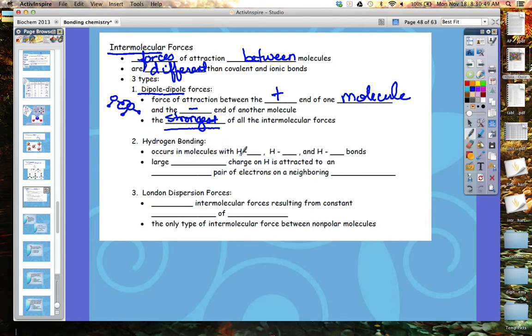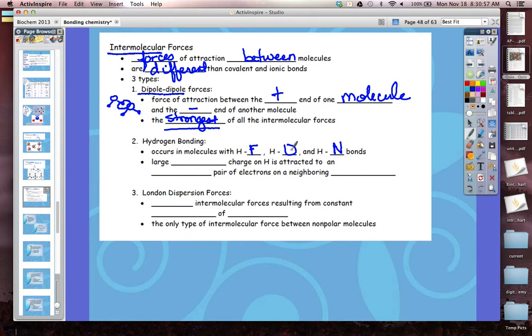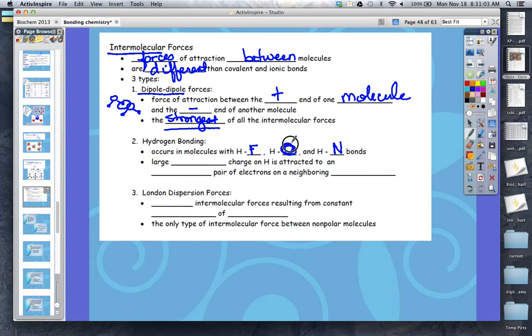Hydrogen bonding occurs when you have any molecules that have an HF, an HO, or an HN bond. So anytime we have these bonds with hydrogen and fluorine, hydrogen and oxygen, kind of looks like a D, or hydrogen and nitrogen bonds.